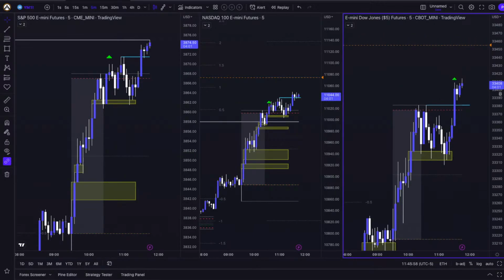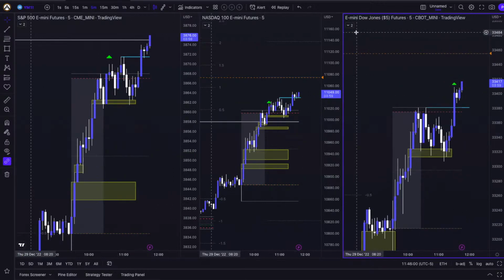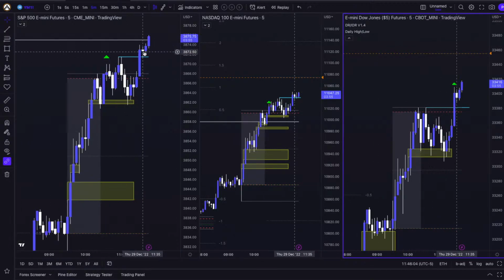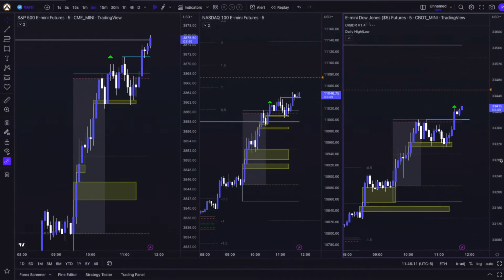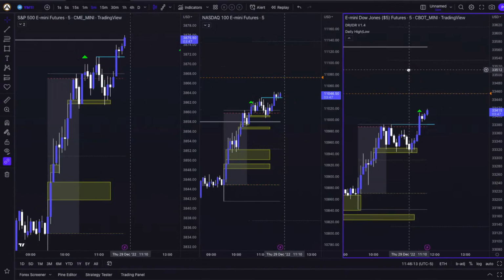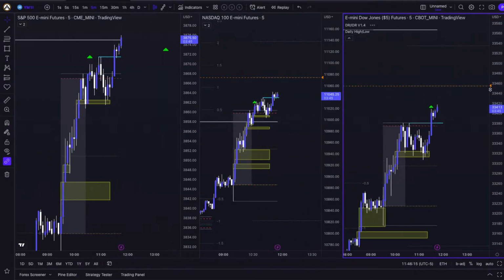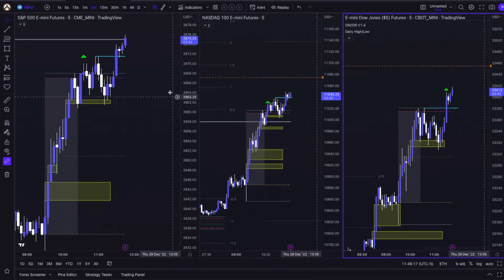So did we break our previous day high on US 30 already? It would be interesting to know. We broke it now on the SP 500, so we purged that buy side liquidity. Come on, where's our previous day high? Oh, even above our 0.5 standard deviation, so there's plenty of room on US 30.